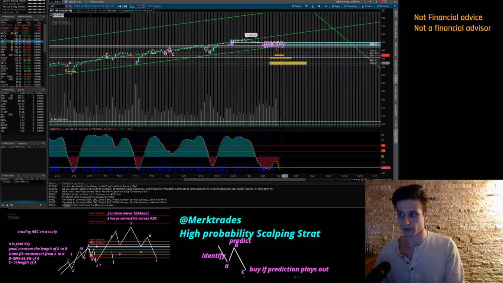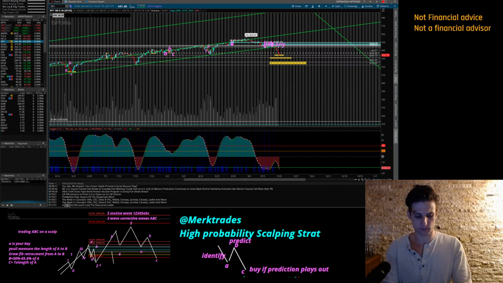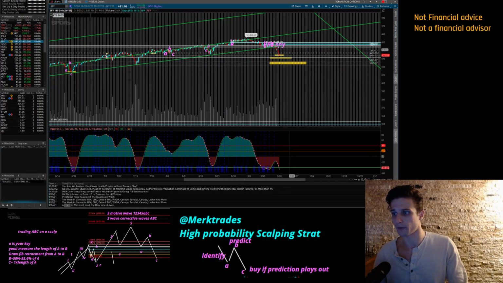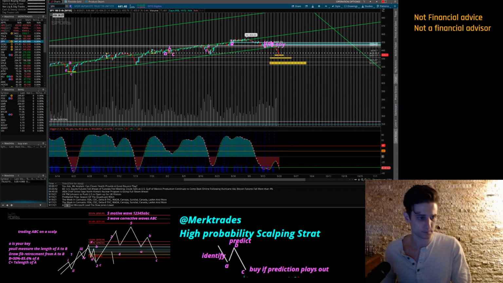And the third one's all the way down to 420 to 425. Bearish is 440. And then above that is 444.